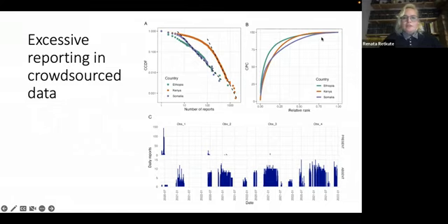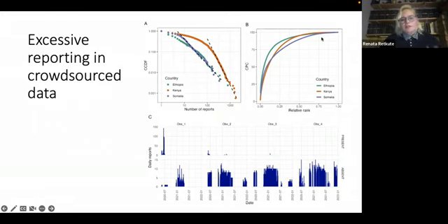When we plotted cumulative percentage contribution, ranking all reporters from the highest to lowest by number of reports, we found that 20% of the reporters made between 60 and 80% of all reports.